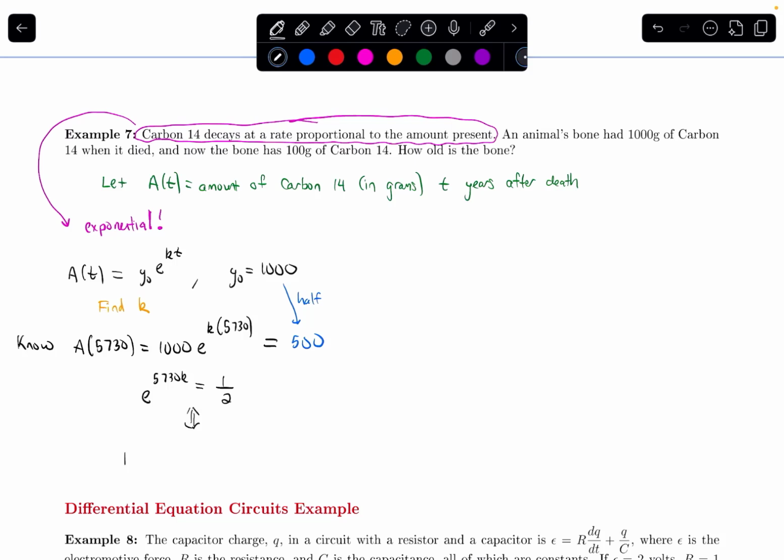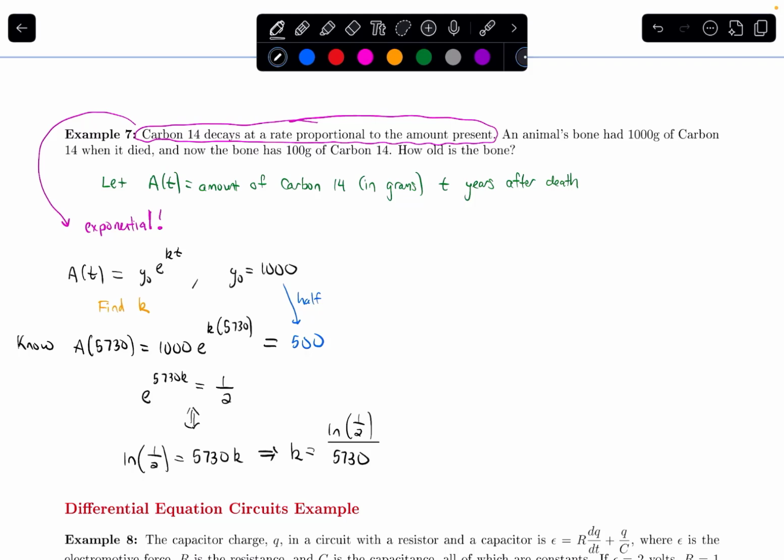If I do that, I'll get ln of 1/2 equals this exponent, 5,730k. And isolating for k, what I'll get is that k equals ln of 1/2 all over 5,730.